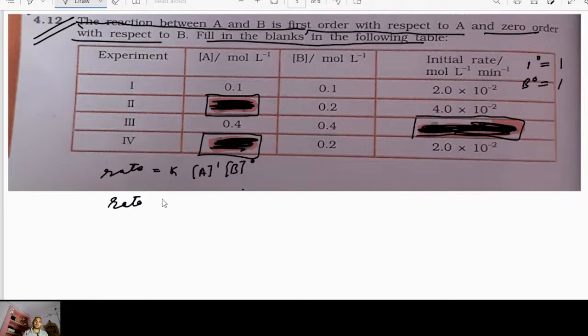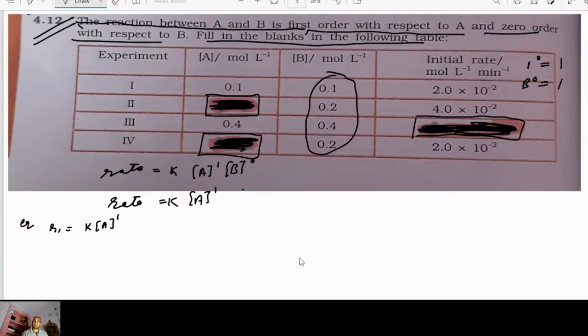So rate is equal to K, A power 1. That's so simple. And the B concentration at all the places is given. Okay, frame the equation. So equation R1 you are writing, student. R1 is equal to K and concentration of A power 1.